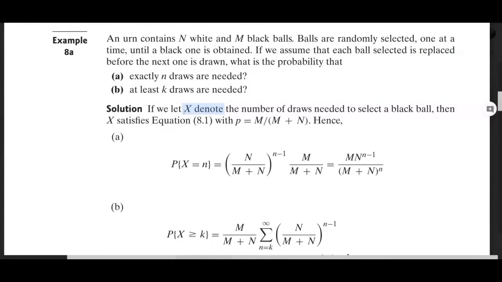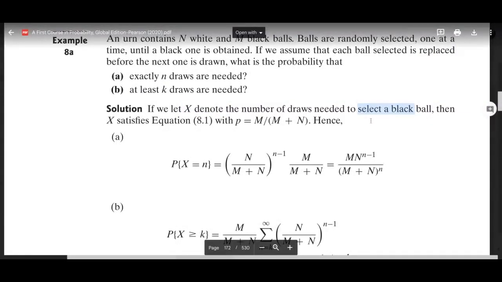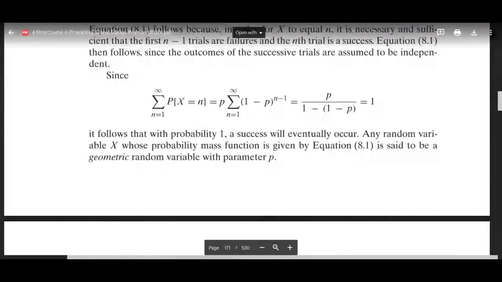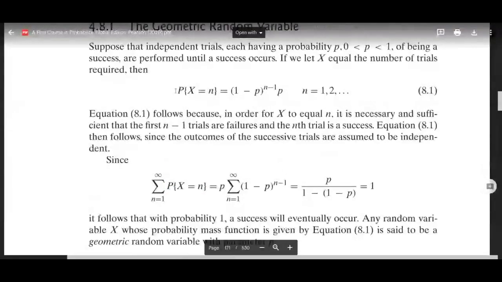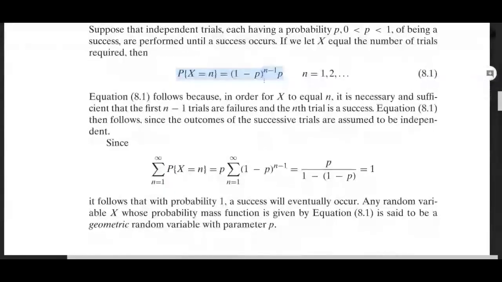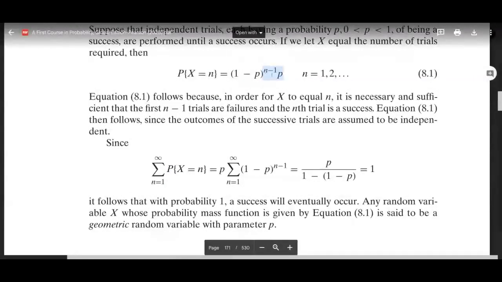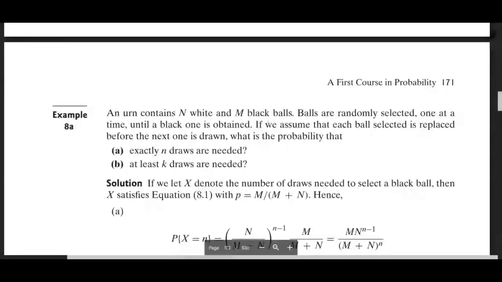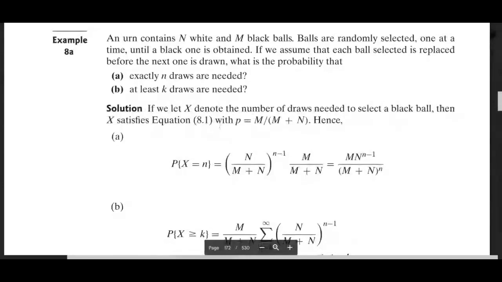So if we let x denote the number of draws needed to select a black ball, that's our goal, then x satisfies this formula: (1 minus p) raised to n minus 1 failures and the nth trial being a success. So what is p?